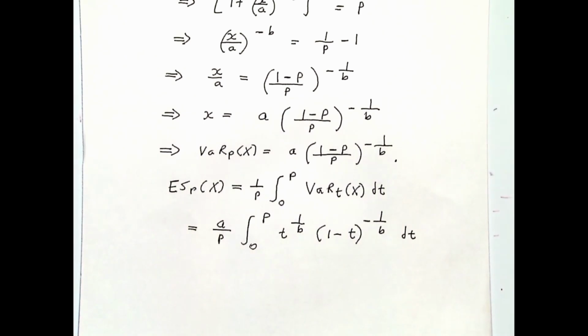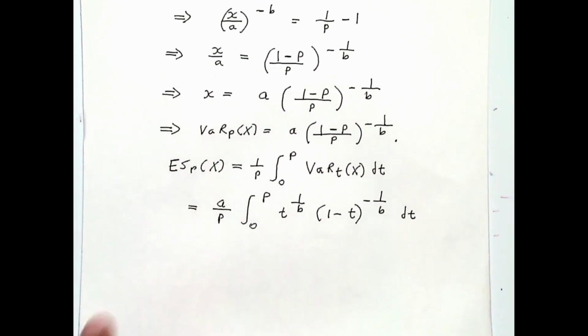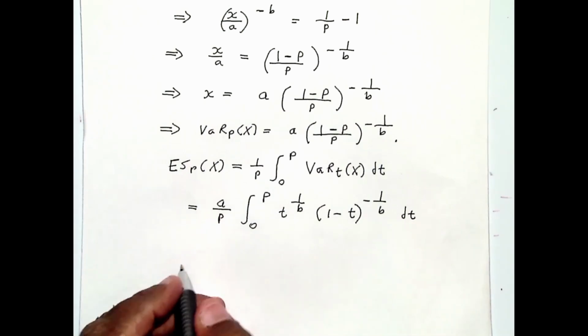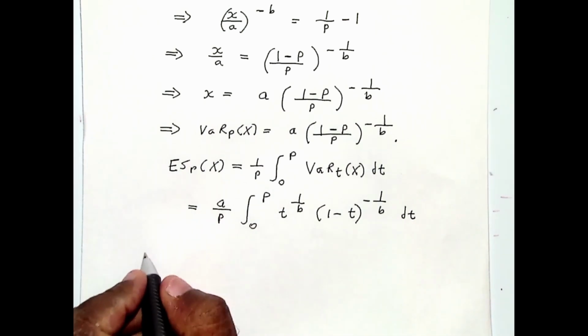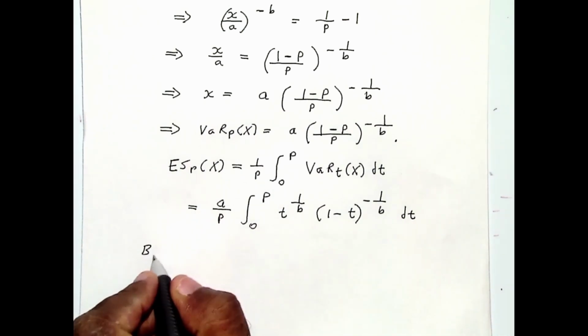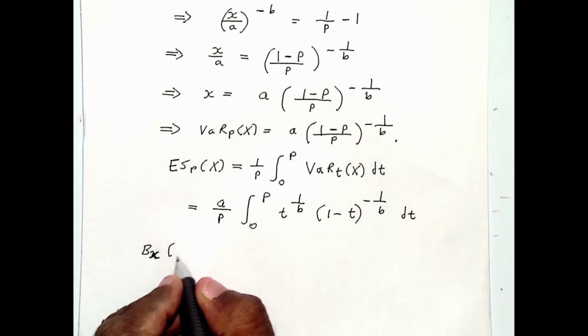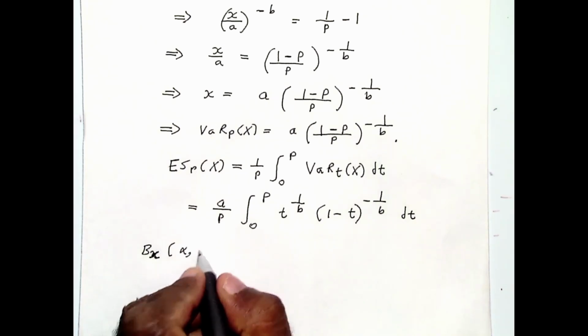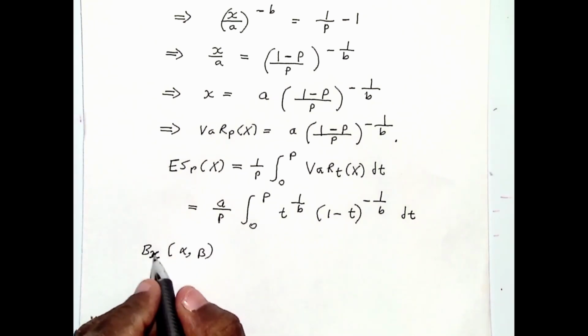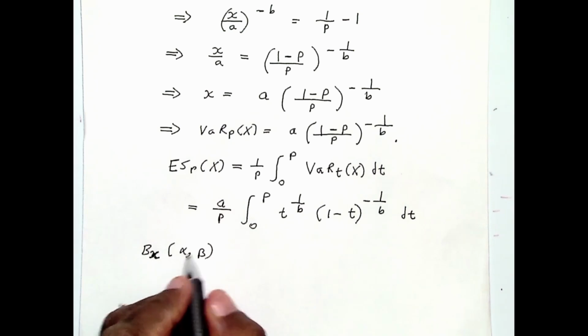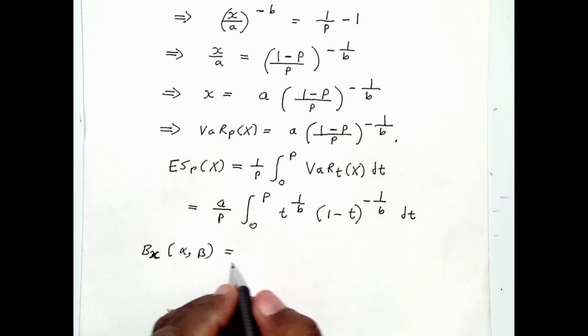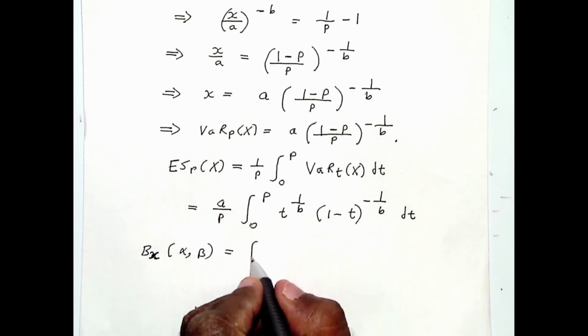And let me tell you what the name for this kind of integral is. So if you have two numbers, say alpha and beta, right? B sub x in brackets alpha comma beta is defined as this.